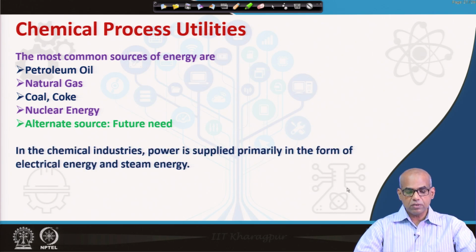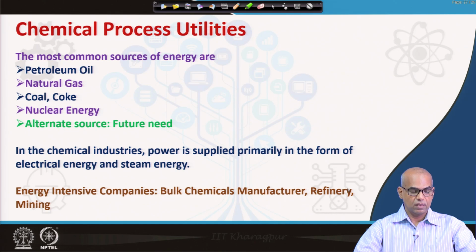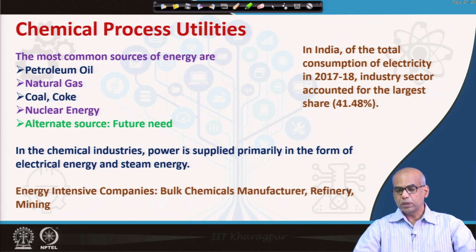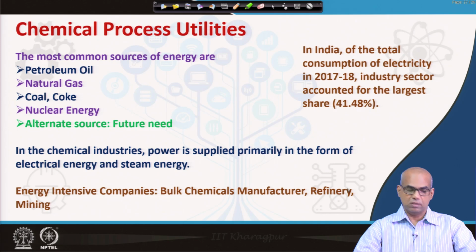In the chemical industries, power is supplied primarily in the form of electrical energy and steam energy. Some of the energy intensive companies are bulk chemicals manufacturers, refineries, mining, etc. In India, of the total consumption of electricity in 2017-18, the industry sector accounted for the largest share, about 42%.